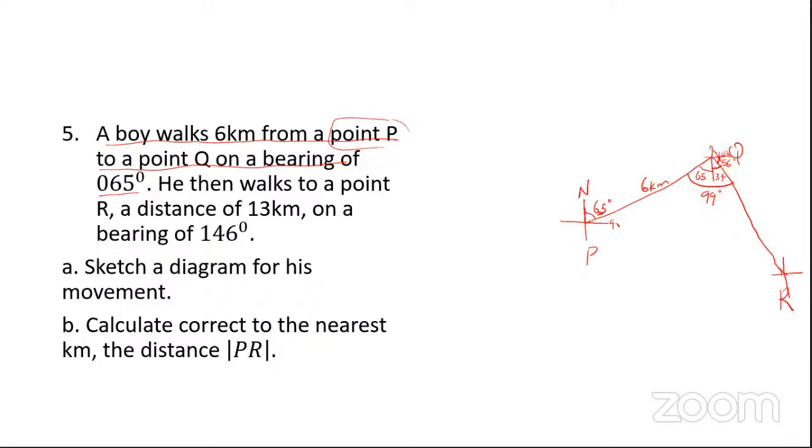So I think we have been able to sketch the diagram. Then they said calculate to the nearest kilometer the distance PR. So just find the distance. Let me see if I can.